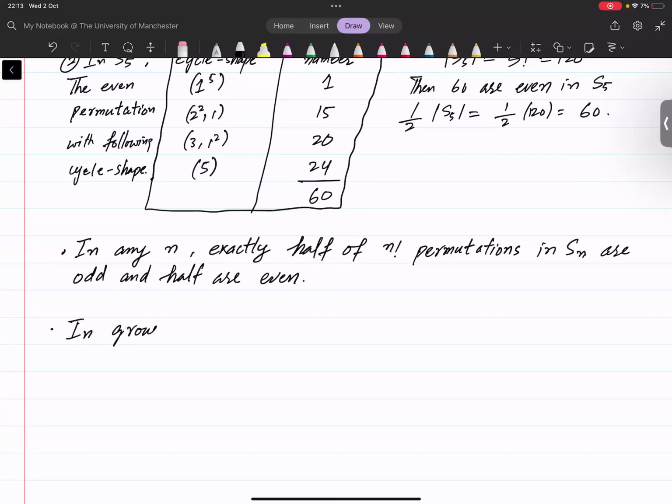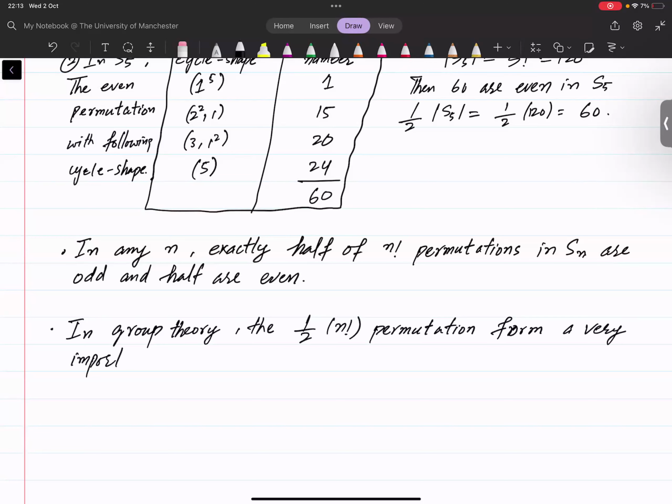In group theory, the half of n factorial permutations form a very important subgroup.